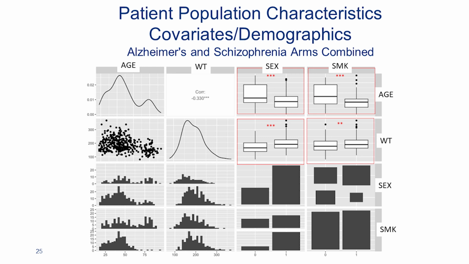You can see it looks quite bimodal. The distribution for weight has a bit of a shoulder here, so maybe not entirely Gaussian. You see also the distribution by sex, female and male, and the distribution of smokers in the combined studies. That's almost 50-50 if you combine the studies.